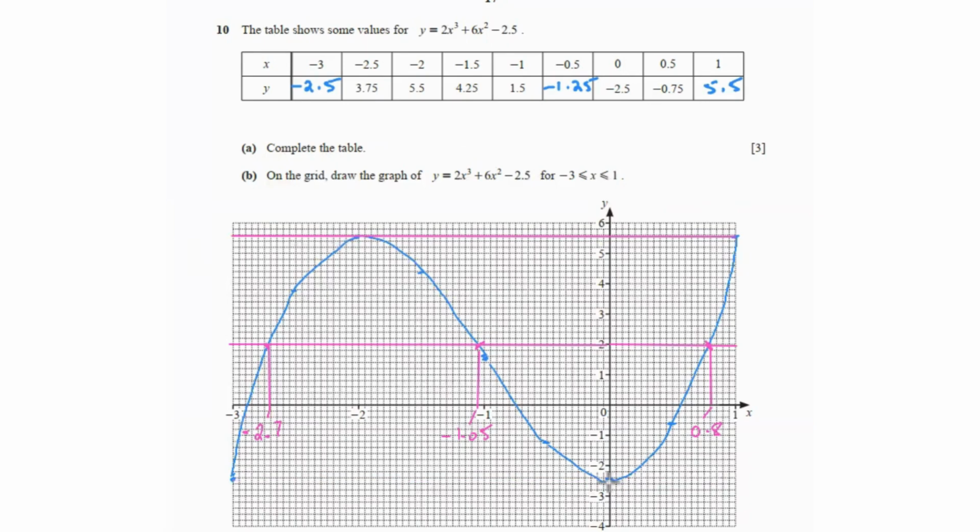Basically this and this. So we have negative 2.5 and 5.5. This is 5.5 and this is negative 2.5. So these are the two values of k.